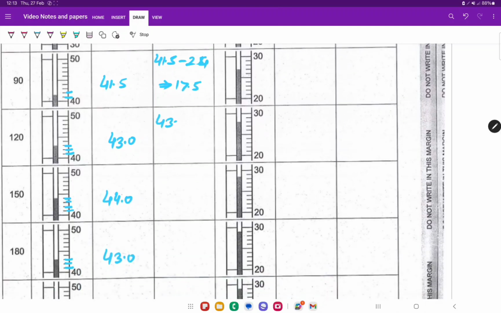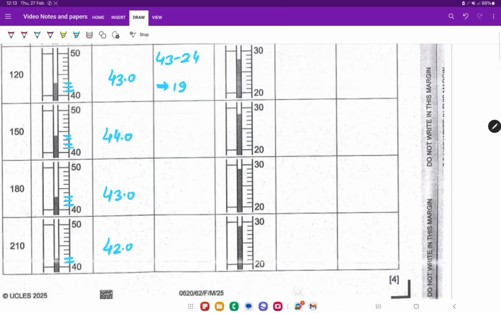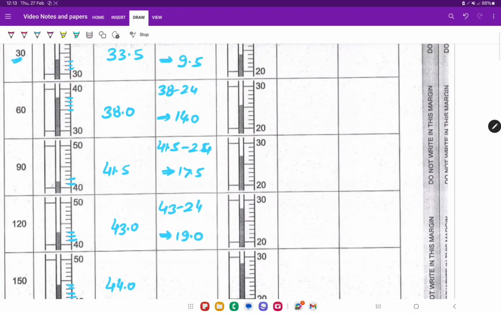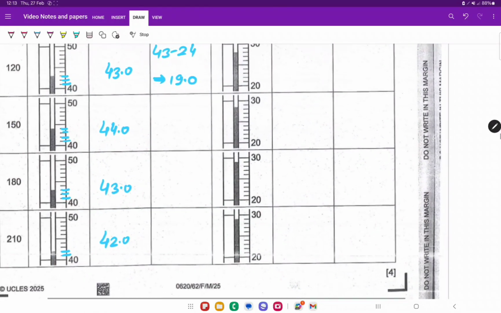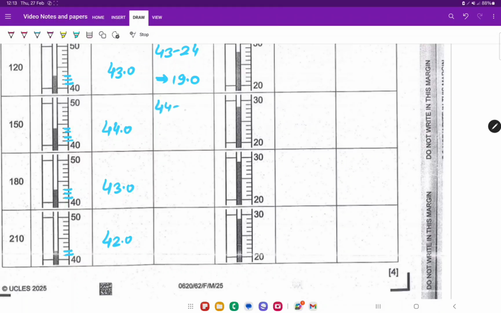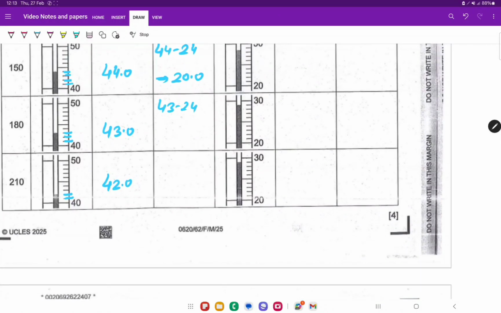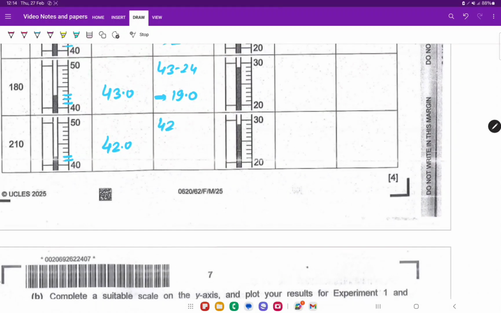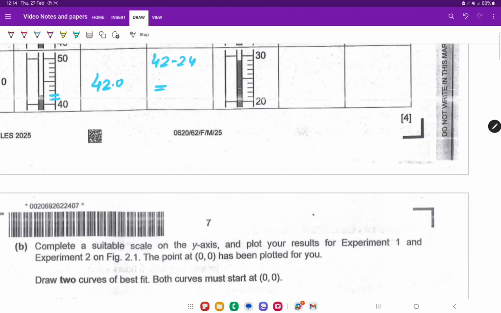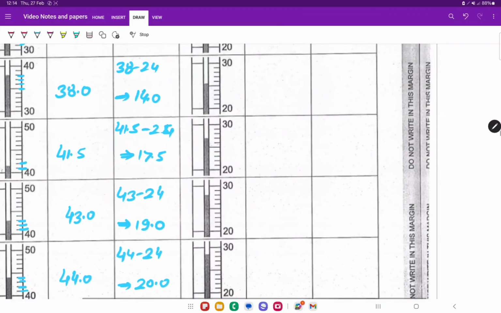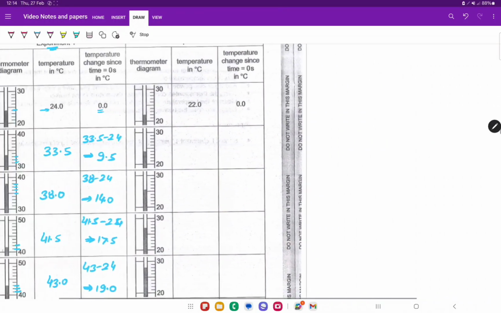Next, 43 minus 24 is 19.0. Now 44 minus 24 is 20.0. Then 43 minus 24 is 19.0. And then 42 minus 24 comes out to be 18.0. So these are the readings of experiment number 1.